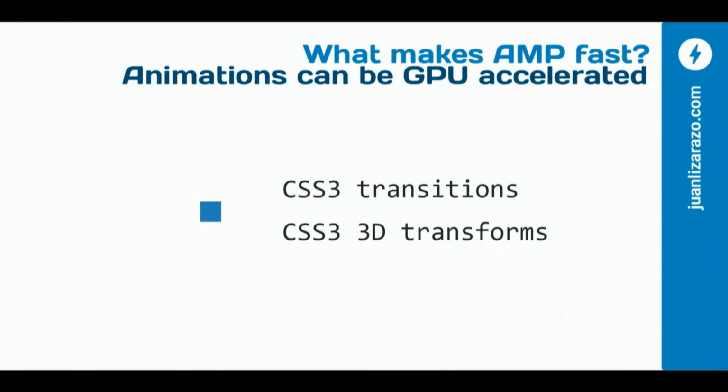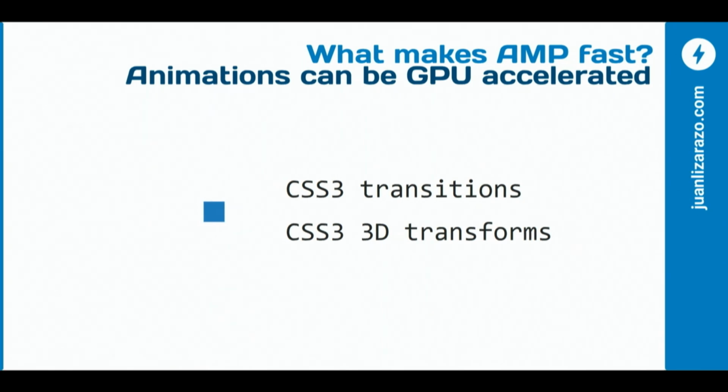With AMP, all the animations that can be GPU accelerated are the ones that are used. And in your projects, I recommend you start moving away from animating left, right, and top properties, and start using transforms and transitions. They look better, and they produce a higher amount of frames per second. Remember, 60 is the goal.